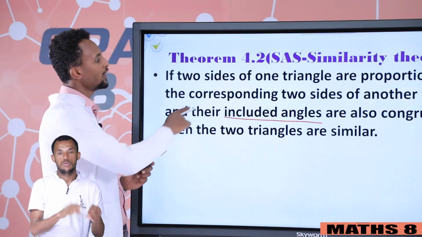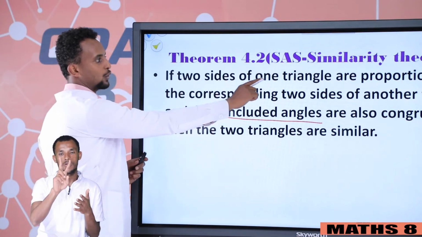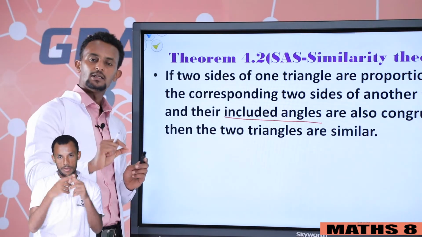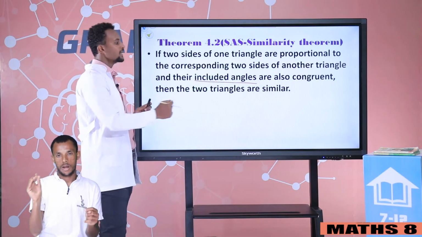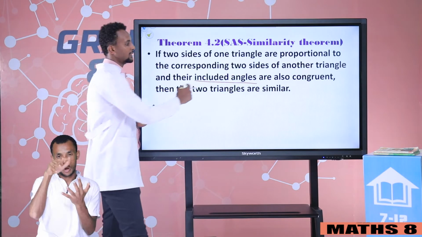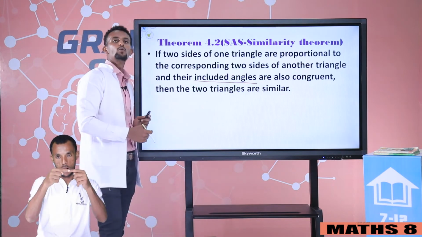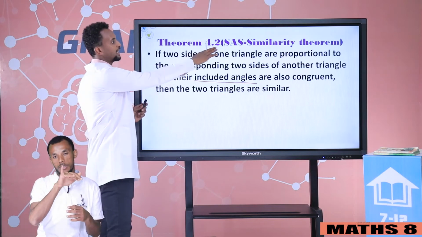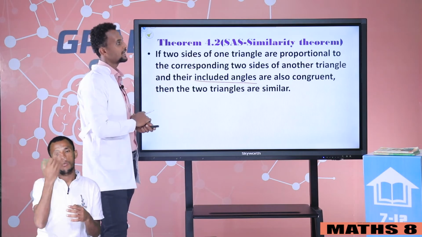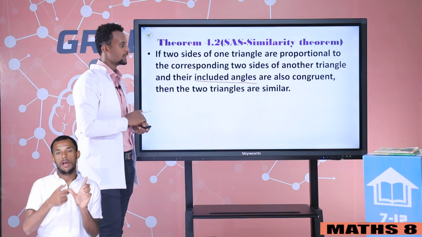Students, attention here. Two sides of the first triangle are proportional to the second triangle and their included angle is congruent, then we can say the two triangles are similar simply by the side angle side similarity theorem.